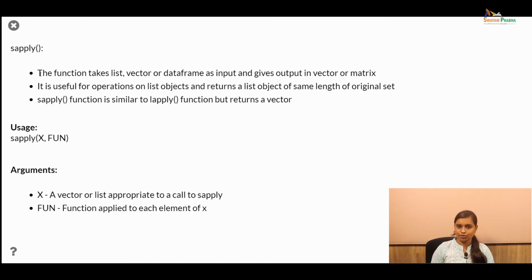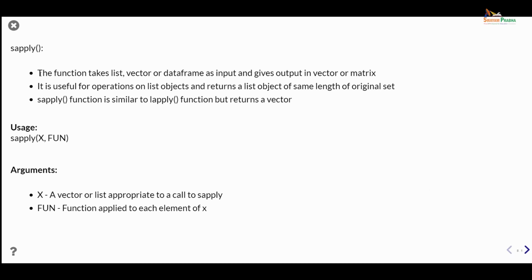So let me just take you through what sapply means. Basically the sapply function takes a list, vector or data frame as input and gives output as a vector or matrix. It's useful for operations on list objects and returns an object of the same length as the original set. The sapply function is similar to the lapply function. The only difference is that this function returns a vector.